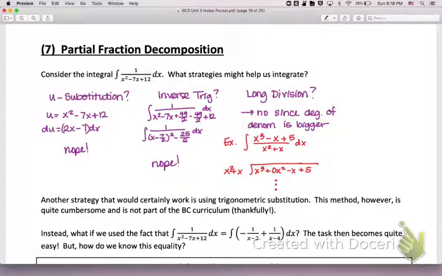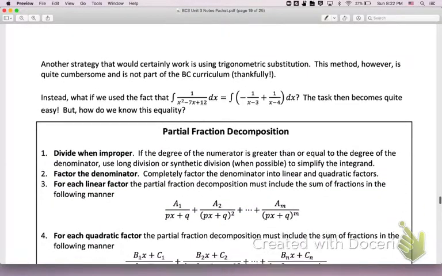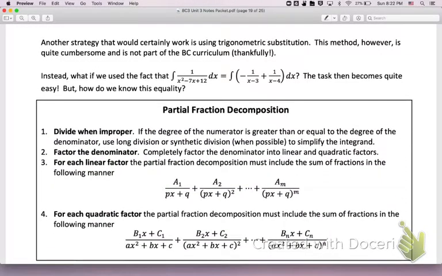You would want to use this if the degree of the numerator is higher, because then we can set it up so that we can try and divide it out. When you divide this out, you'll be left with a couple of terms plus a remainder, and that might be something that we can integrate. But here, that won't work. Another strategy that we could use is trig substitution, but we don't cover that in this class. Luckily, it's kind of gross.